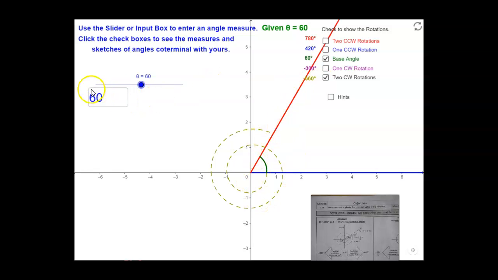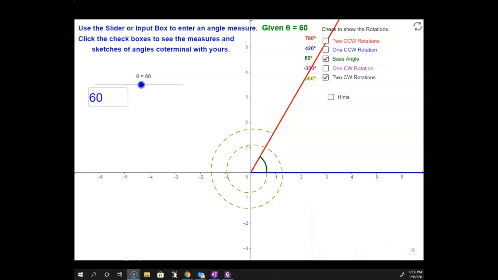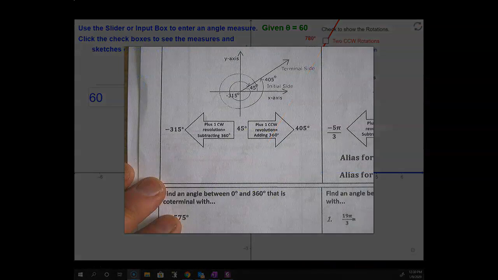So to get coterminal angles, all you're doing is adding 360 or subtracting 360. With degrees, it's very simple. When you get into radians, it gets a little bit more involved, but with degrees, it's easy peasy. We'll do the degree ones first, and then we'll go into the radian part.